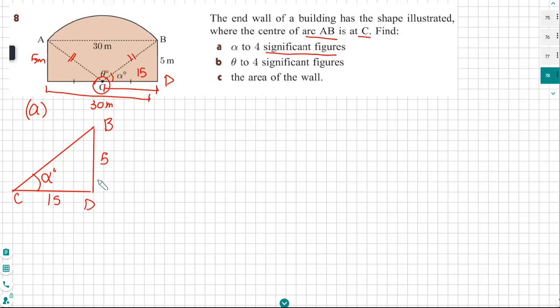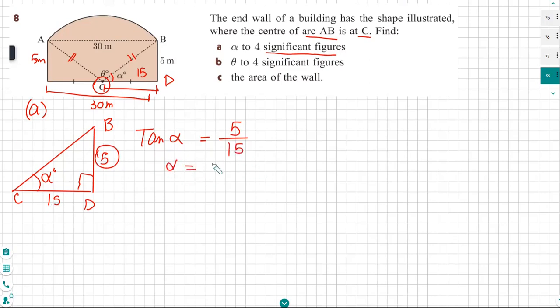Okay. So how to find this angle, as it's a right angle triangle? We can use the trigonometry ratio here. The two lengths are given, 5 and 15, and they are opposite and adjacent sides, right? So that's why we should use tan here. So tan alpha equals opposite side 5 over adjacent side 15, right?